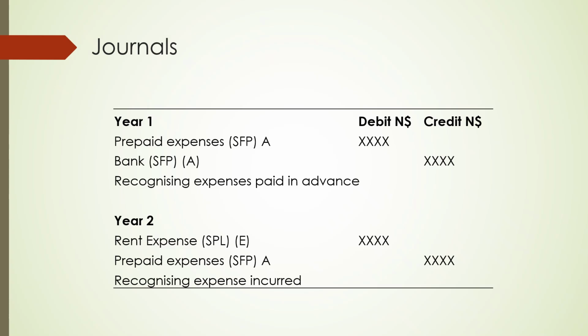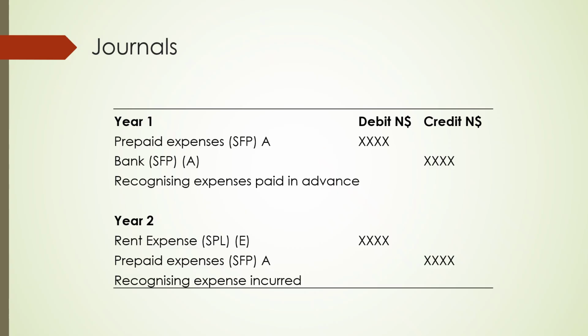The accountant would debit prepaid expenses and credit the bank to recognize the prepaid expense. In this year, no item hits our statement of profit or loss, and that's why the profit is not affected in year 1.